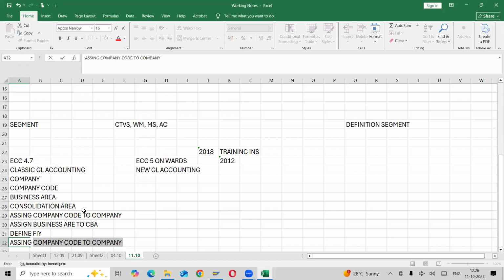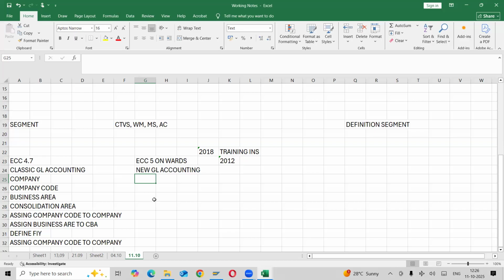It was there from 2012, new GL accounting. So when new GL accounting came up in 2012, business area was outdated. That was before ECC 5.